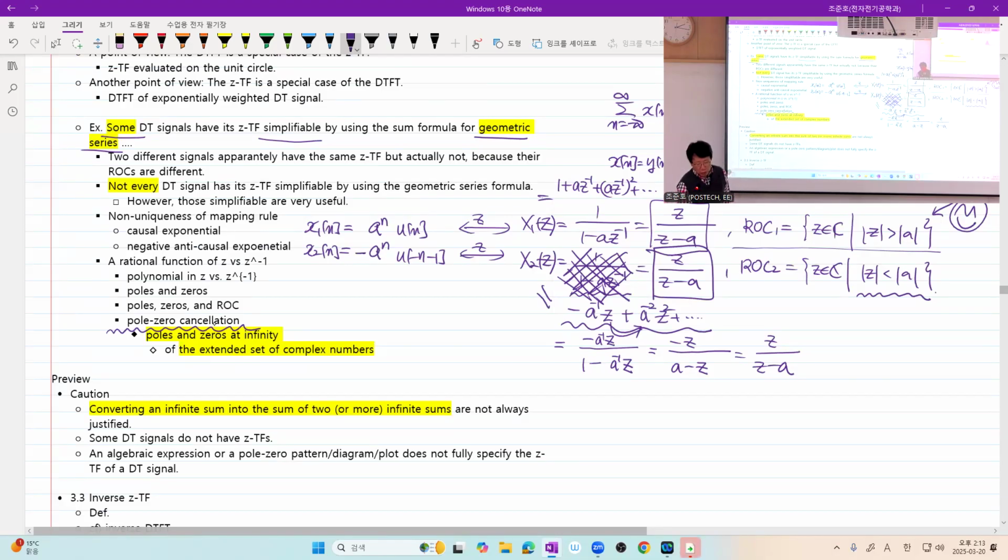I also mentioned that when we talk about the location of poles and zeros, sometimes we consider the extended complex set, which includes infinities, because in complex numbers you may have different directions to reach infinity. But anyway, in that case, I will write that set as C bar to distinguish it from the set of complex numbers with finite modulus or finite absolute value.